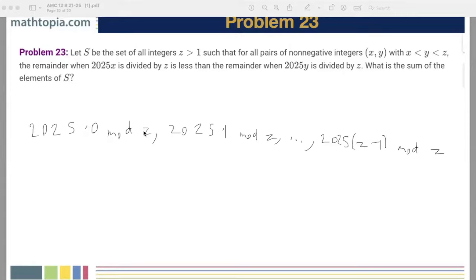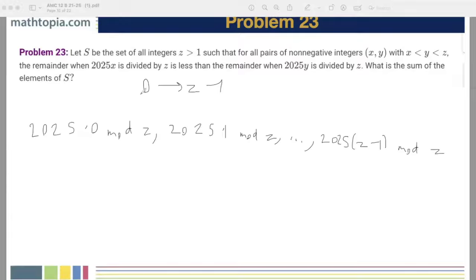And when you divide something by z and take the remainder, a remainder has to be a number from 0 up to the number we're dividing by, minus 1. So all of these numbers here, since they're remainders of dividing by z, they all have to be integers between 0 and z minus 1 inclusive, and they have to form an increasing sequence.